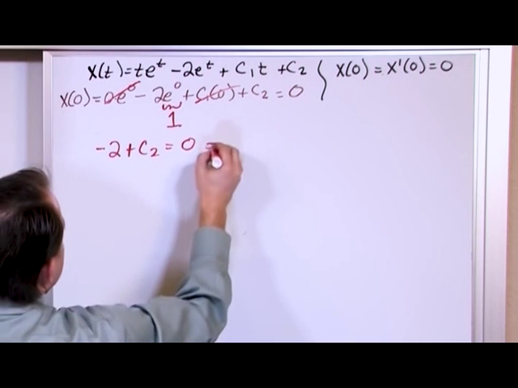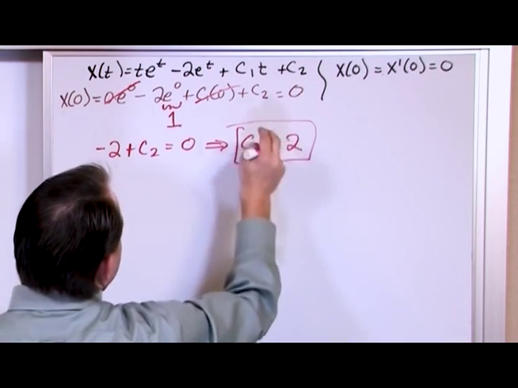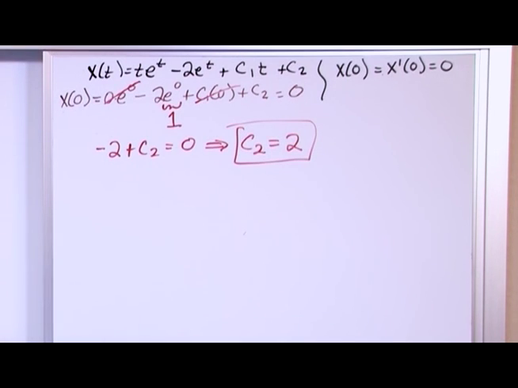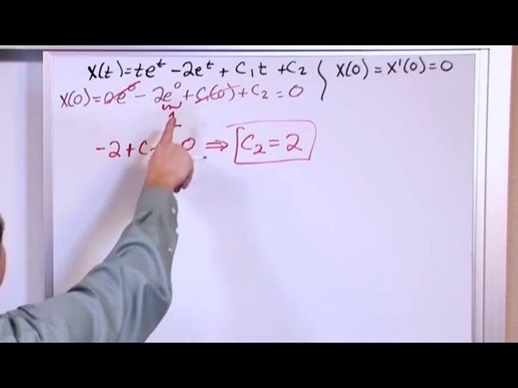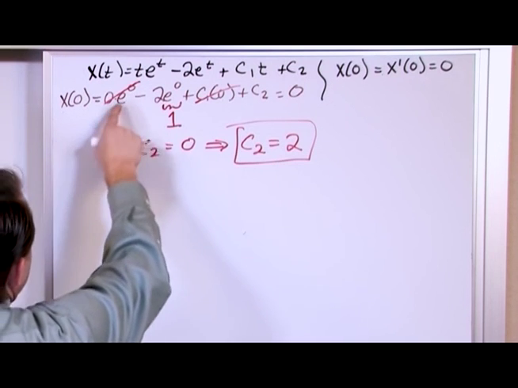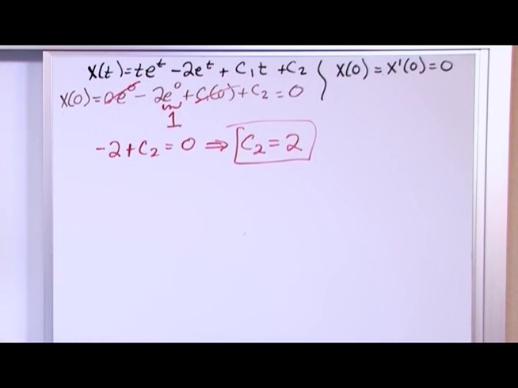And so this means that constant number 2 is simply equal to 2. So here is a case where the constants are not always 0. In the other problems we've done, the constants always fell out where they were 0. It doesn't always have to be the case. Even if you think they might, in this case it isn't. This guy did drop to 0 because of this. This guy was 1. So this 2 hung around and we solved for C2.